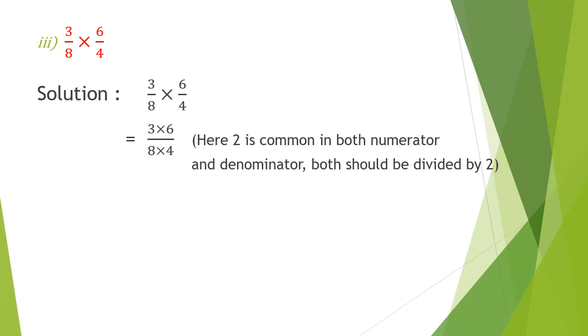So both should be divided by 2. 6 divided by 2 gives 3 and 8 divided by 2 gives 4. So we are getting 3 multiplied by 3 whole divided by 4 multiplied by 4. So our answer is 9 upon 16.